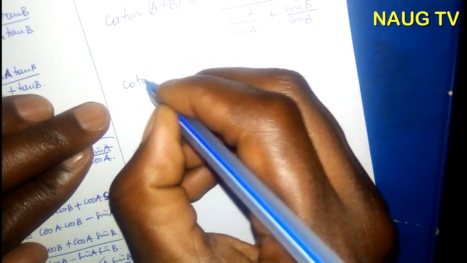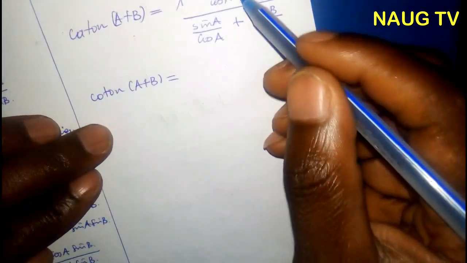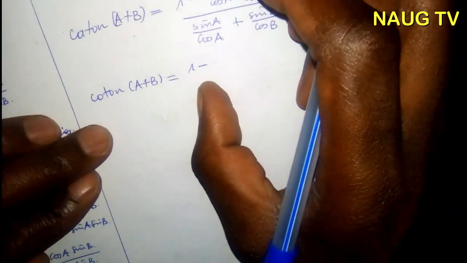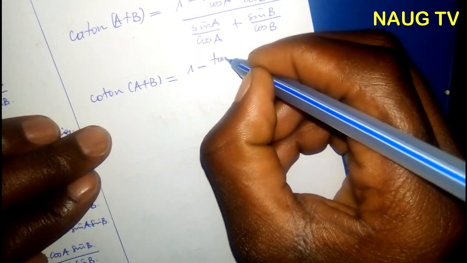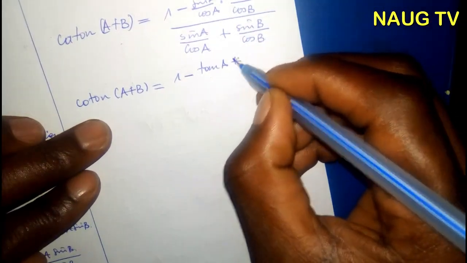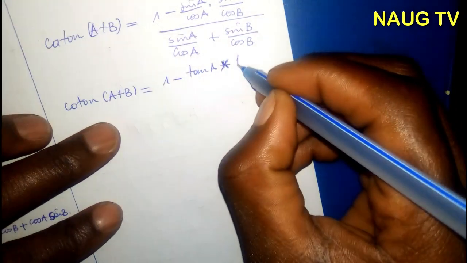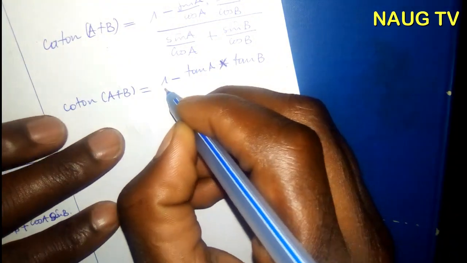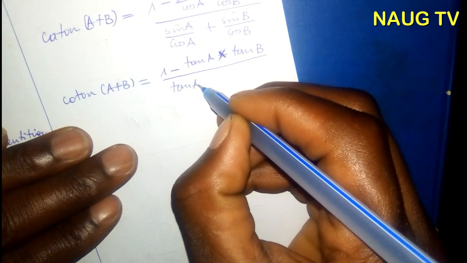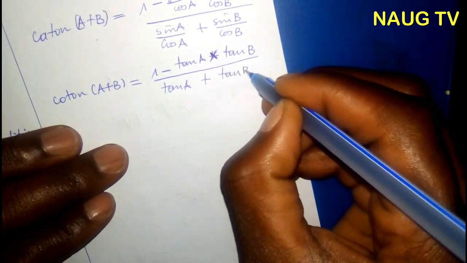Then cotan(A+B) would also become 1 minus sine A over cosine A, which is equal to tan A, times sine B over cosine B, which is equal to tan B, then over sine A over cosine A, equal to tan A, plus sine B over cosine B, equal also to tan B.